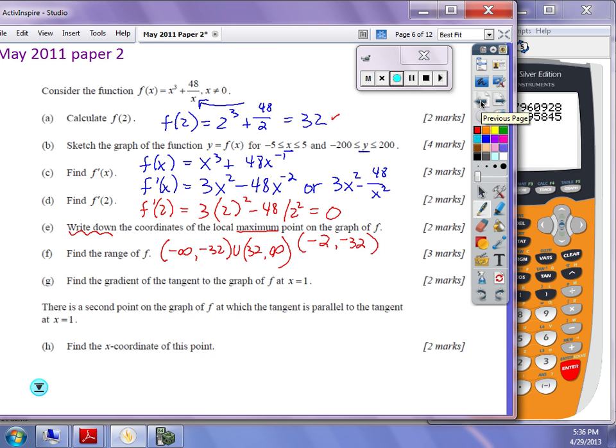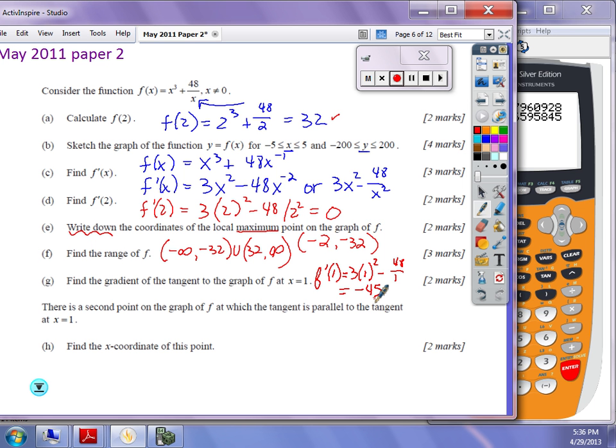So I know that the first derivative is the slope function, and I'm going to be evaluating this first derivative at 1. So I've got 3 times 1 squared minus 48 over 1, and my first derivative is equal to -45. That means the slope of that tangent line is equal to -45.